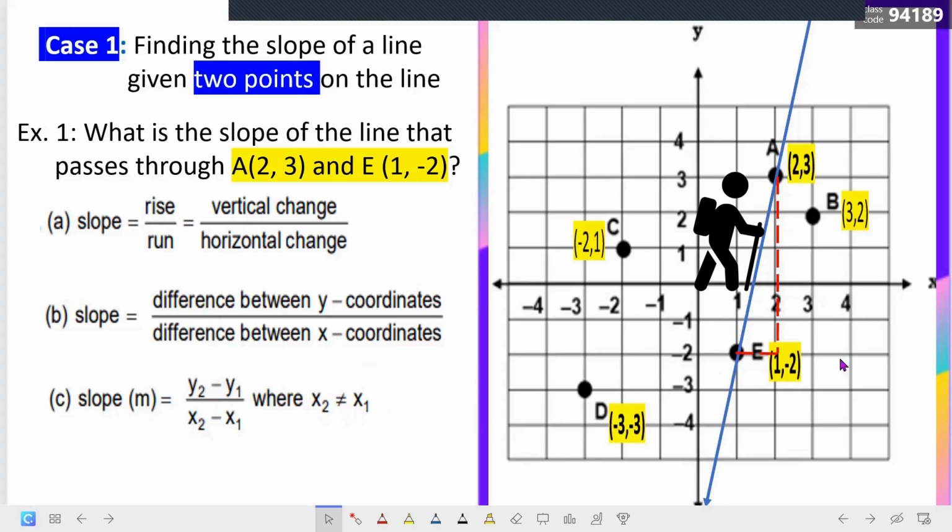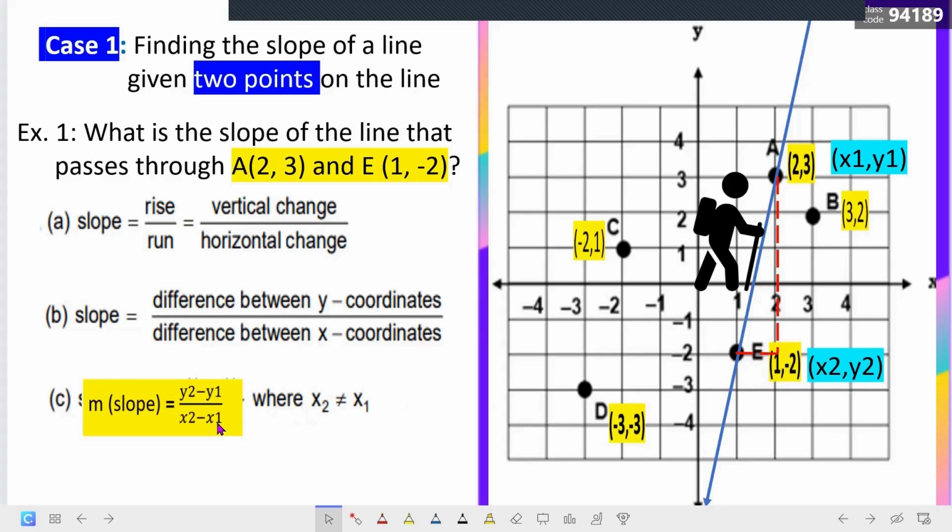Now let's say this is our first point, and this is our x sub 1. And this is our y sub 1. This is our second point. x sub 2 is here and y sub 2 is there. And now we are ready to substitute in our formula. Let's write the y sub 2 first, which is -2 minus 3.